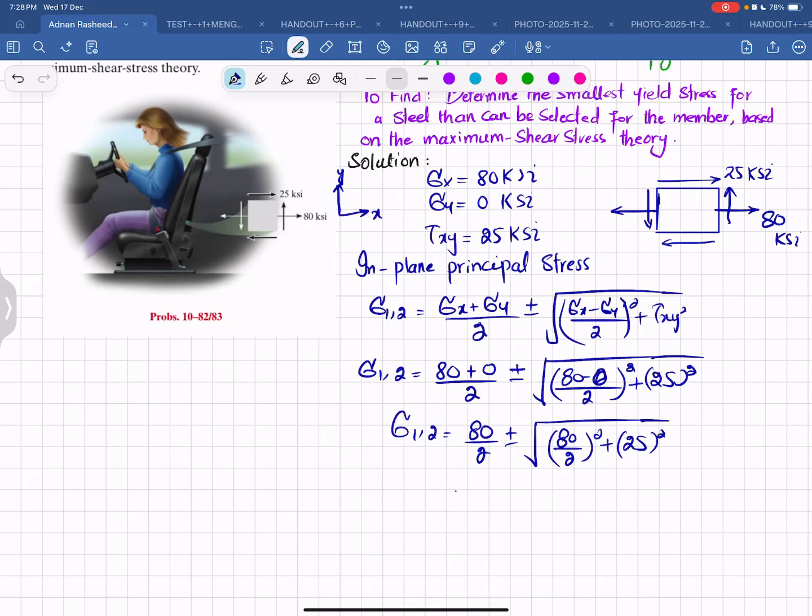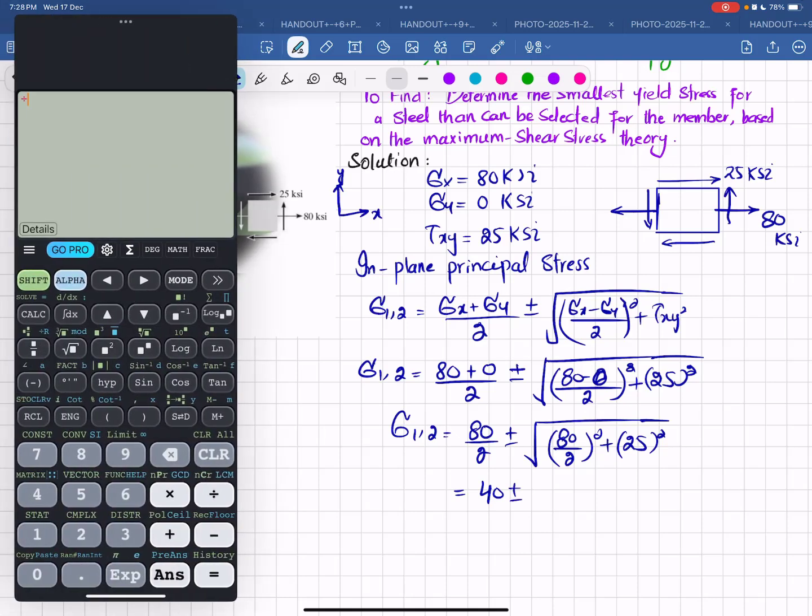Now with the help of a calculator, we will calculate the term in the square root. So (80 divided by 2) whole square plus 25 whole square under the root will give you the value 47.169.